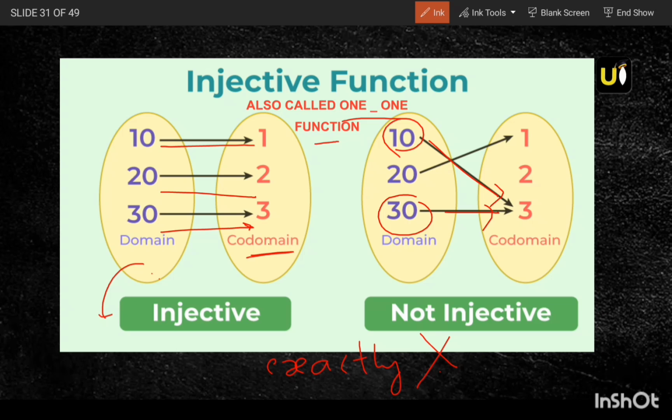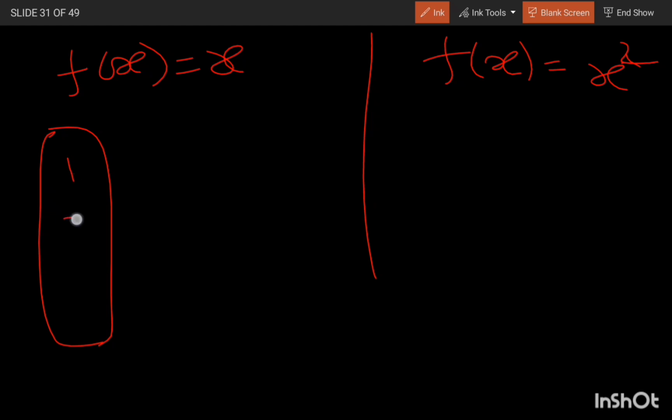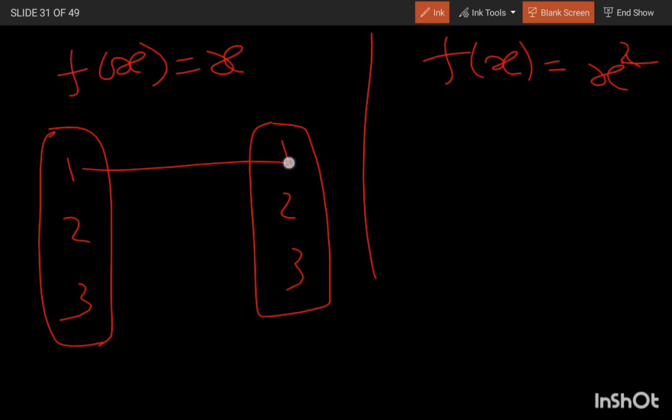So now let's look at two examples. f of x is equal to x and f of x is equal to x square. Now let's consider a small set 1, 2, 3 and the range. 1 will be mapped to 1, 2 will be mapped to 2, 3 maps to 3.